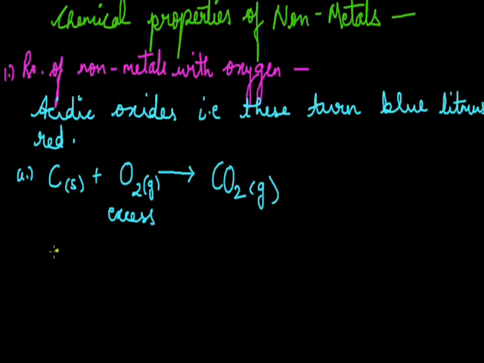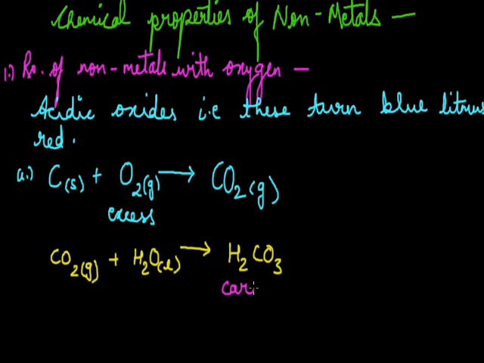So when this carbon dioxide gas is dissolved in water, it will form an acid, that is H2CO3. The name of this acid is carbonic acid. Carbonic acid has two replaceable hydrogens, and so its basicity will be 2.